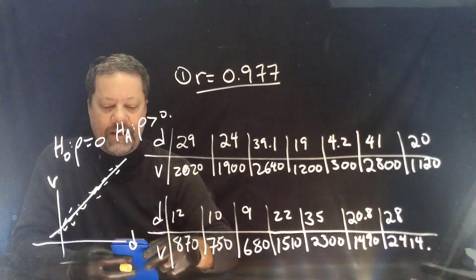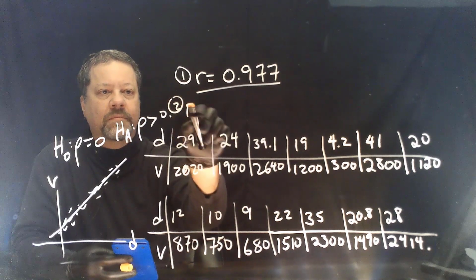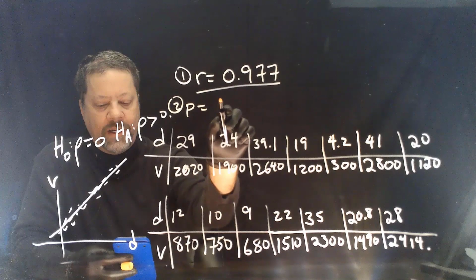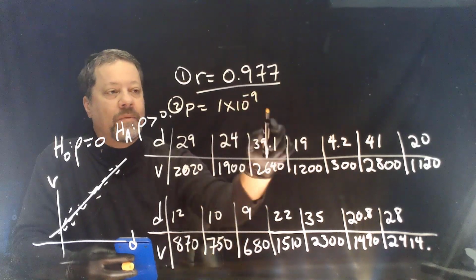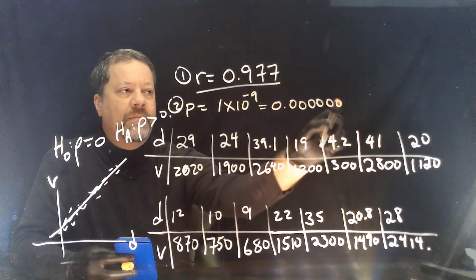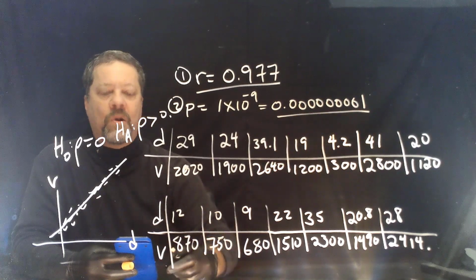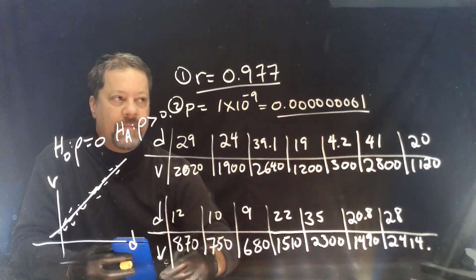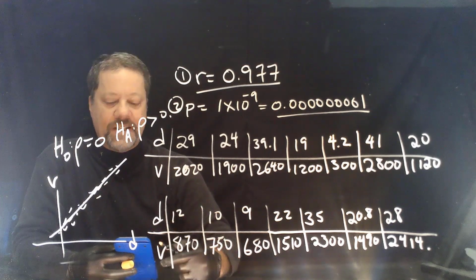What is the p-value on this hypothesis test? We're getting 1 times 10 to the negative 9. Wow, that's 8 zeros and then a 1. That's a very small probability, very much less than any reasonable significance level that you wish to specify.